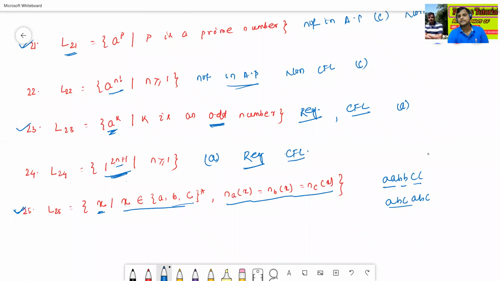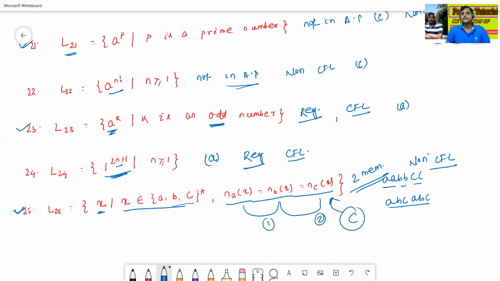Since two comparisons will be required, first comparison here and second comparison here, two memories will be required, which means more than one memory. So this language is non-CFL. Non-CFL means it is option C.